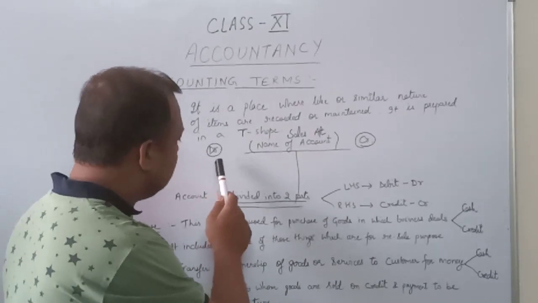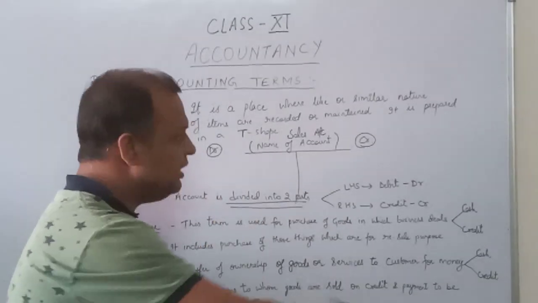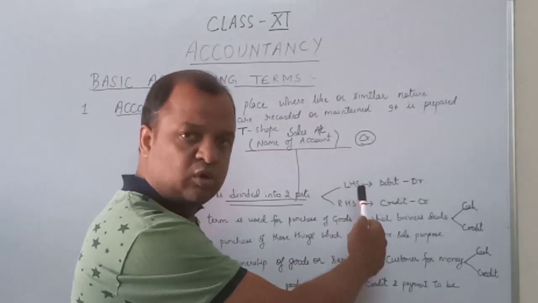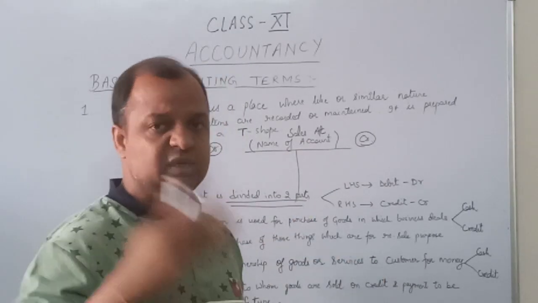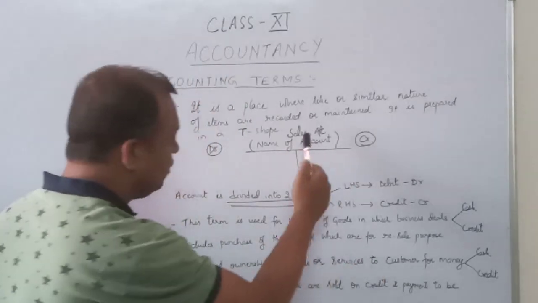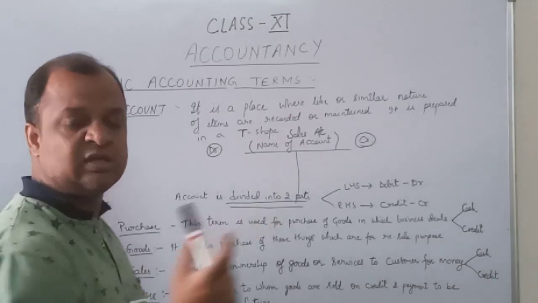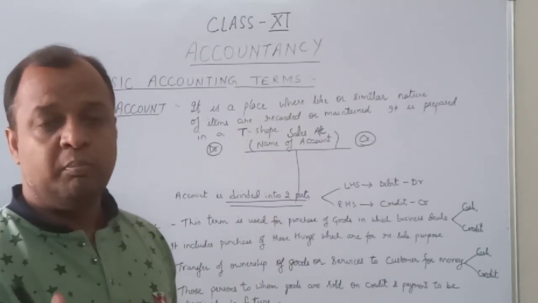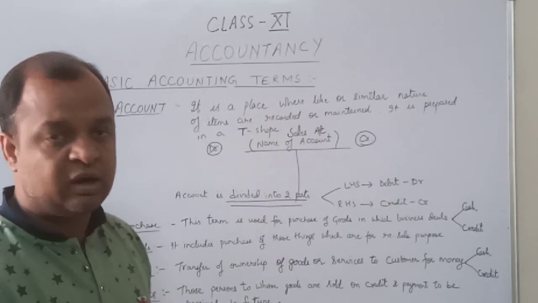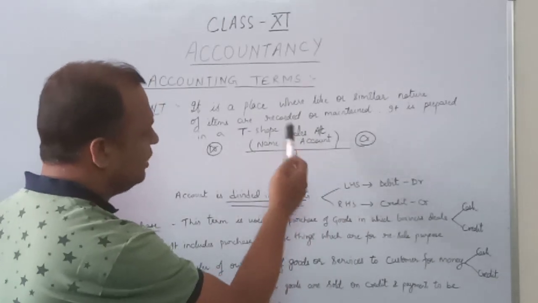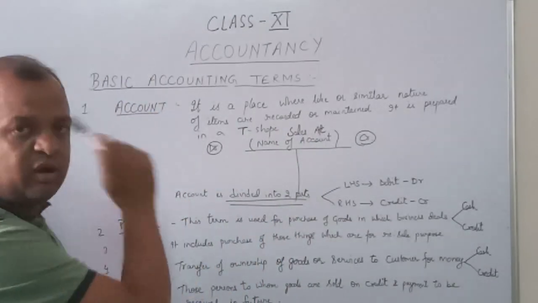So debit is increase or decrease. Similarly, credit is increase or decrease. Any change, that is increase or decrease of any account, is being shown, which helps us to maintain the net effect in that respective account. That is the process of account.